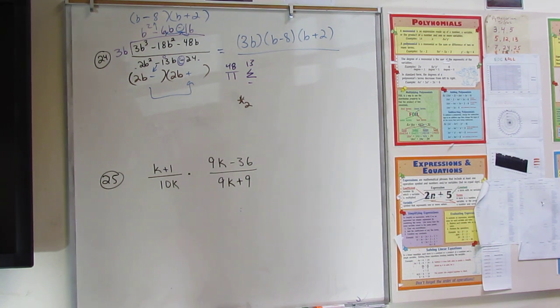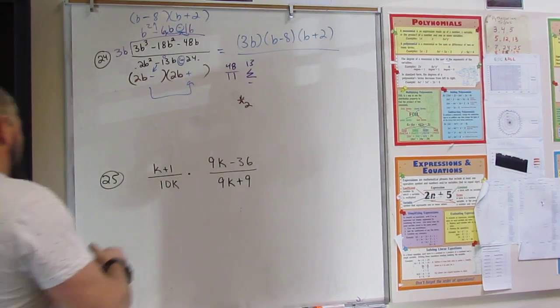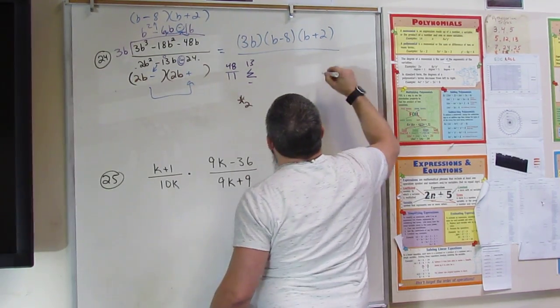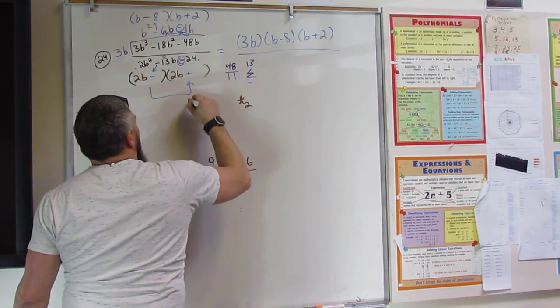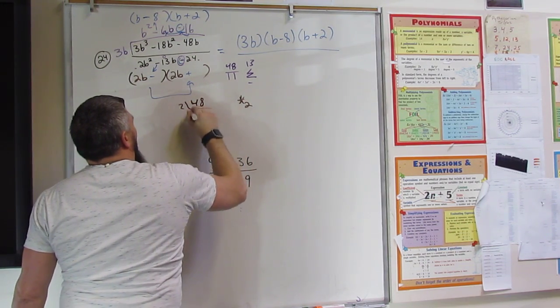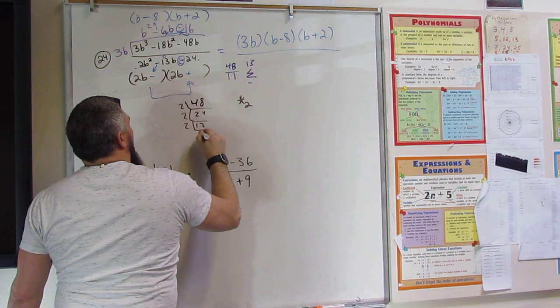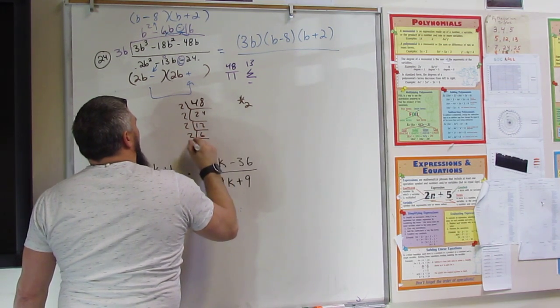And if you're having a tough time with it, you can always break 48 down. 48 is kind of a small number. Like 6 and 8 go into it, right? But those obviously aren't big enough. So again, you can break 48 down. Think of 48, 2, 24, 2, 12, 2, 6, 2, 3, 3, 1.